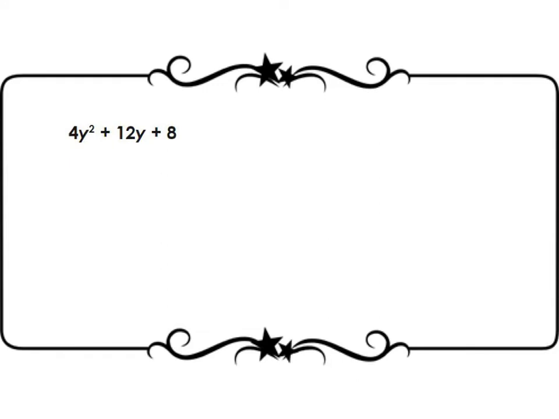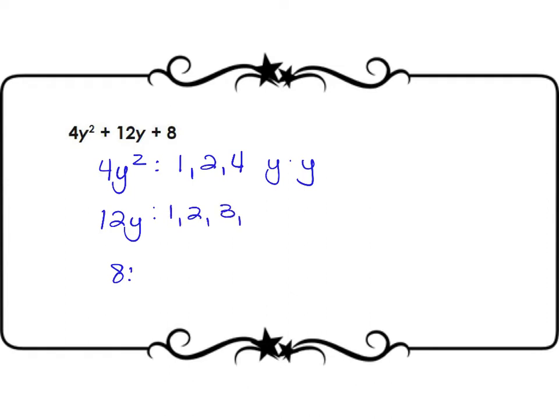All right, now we have 3 terms that we are going to find our greatest common factor for. So we have 4y squared, we have 12y, and then 8. So let's see what we got here. 1, 2, 4, y times y, and then we would have 1, 2, 3, 4, 6, 12 times y, and then for 8, 1, 2, 4, and 8.